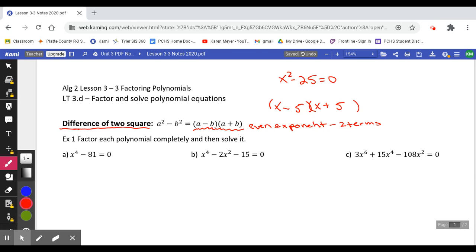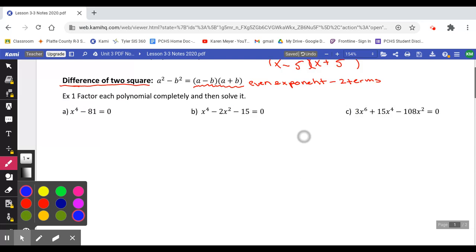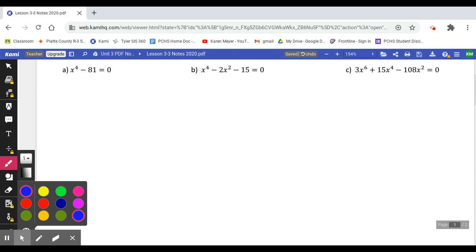So our very first example here under number 1, you're going to notice that it has only two terms. It has an x to the 4th and a negative 81. And x to the 4th power is an even power, so we are going to use our shortcut. So I'm going to draw my two sets of parentheses. And what times itself will give me x to the 4th?